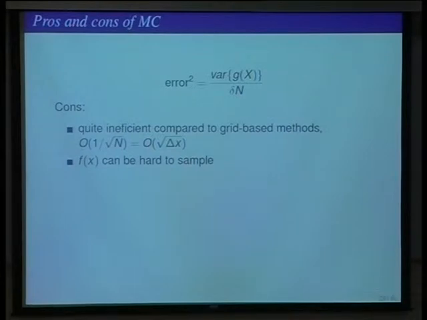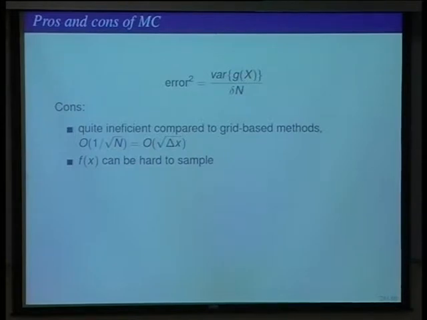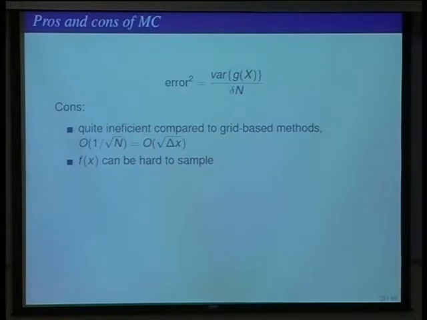The very worst first numerical integration method you learn when you take calculus is what? What's the order? The first one you learn is order delta x. You take your function, you approximate it by a bunch of rectangles, that's order delta x. Monte Carlo is worse. So that's bad. Oh, and F can be hard to sample. If you have a physical F in your problem, maybe that's a hard thing to sample.